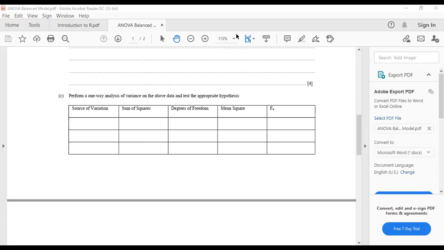Some ladies, they don't want to talk. 2.1771 divided by the degrees of freedom, MSE is 0.18126. Yeah, it's closer to the answer. It's okay. Thanks, Millicent.